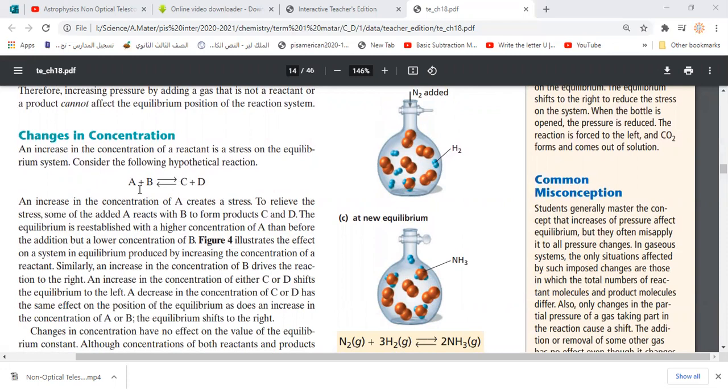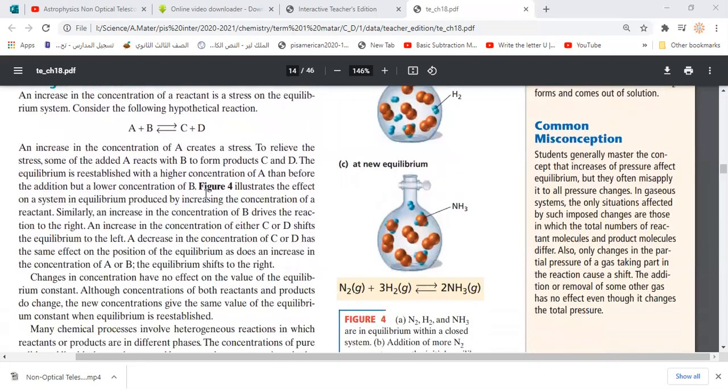For example, if we take this reaction, A plus B yields C and D, and C and D yield A and B. At equilibrium, at a certain condition, the concentration of A and B is somehow equal to the concentration of C and D. But what would happen if we increase the concentration of one of these substances? For example, we start to increase the concentration of A or of B.